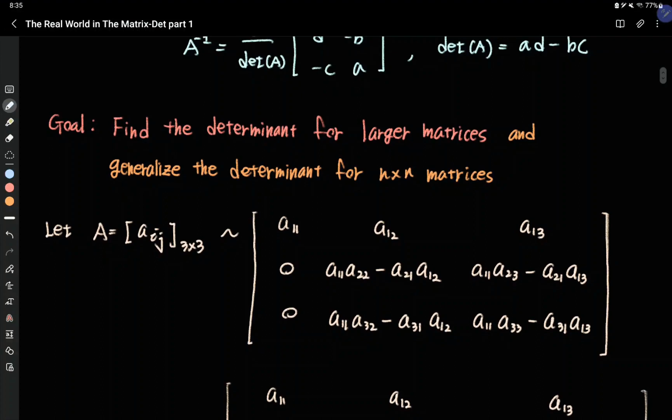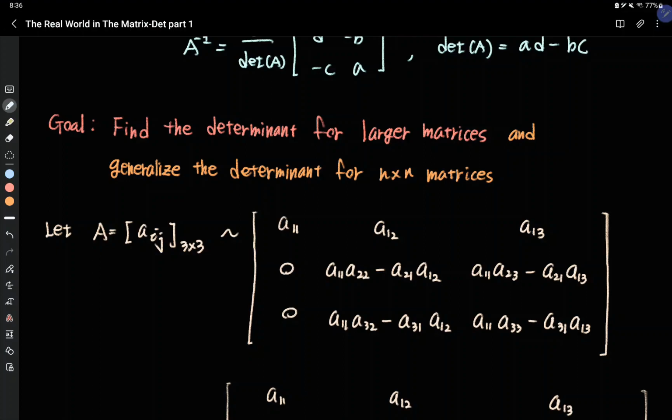Let A be a 3 by 3 matrix. We want to figure out the formula for the determinant of a 3 by 3 matrix A. To do that, we're going to use the fact that the matrix A is invertible if and only if the determinant of A is not equal to 0.